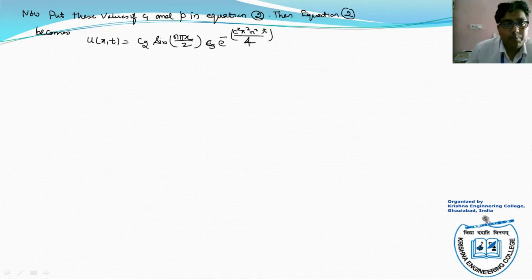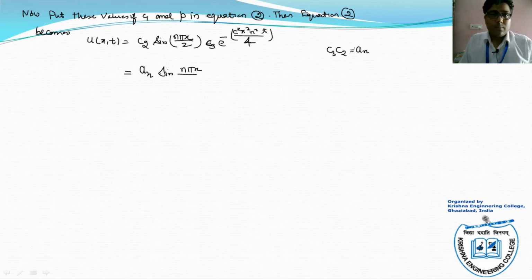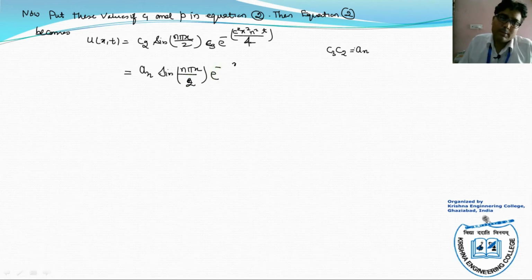Again, the product of two constants C2 into C3, let us take it as a_n, a constant again, so this becomes a_n sin n pi x by L, means 2, e to the power minus n square pi square c square t upon 4.